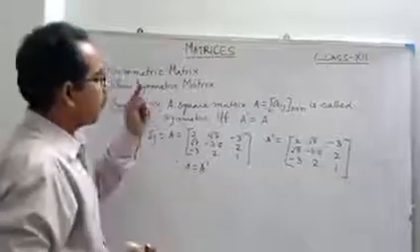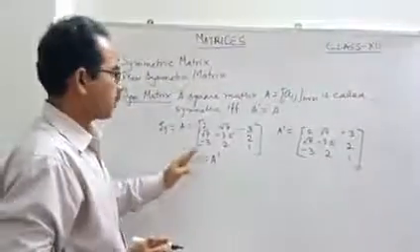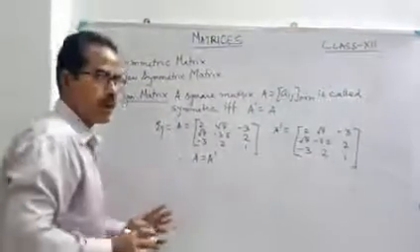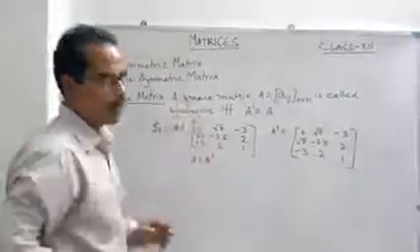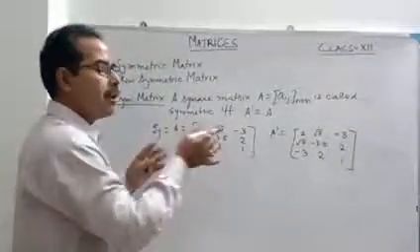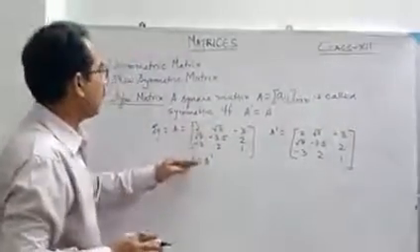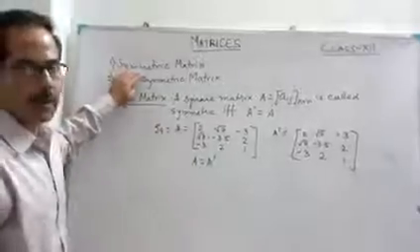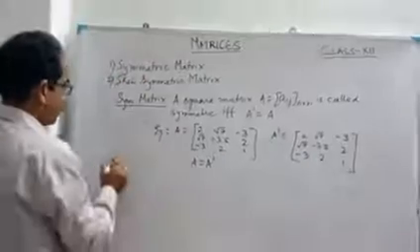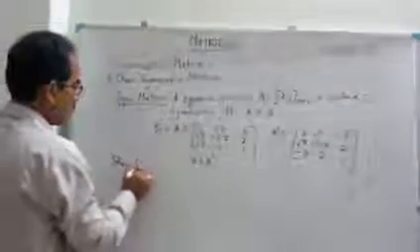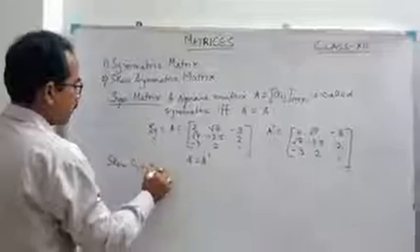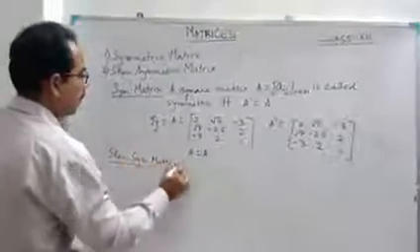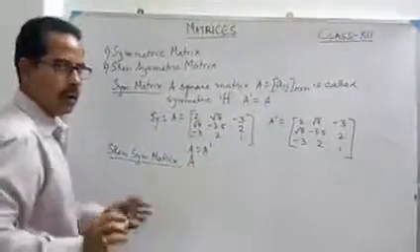That means whenever we get any 3 by 3 or 2 by 2 matrix, because obviously it is a square matrix, whose transpose is the matrix itself, it can be called a symmetric matrix. Now the skew symmetric matrix. This one is also a square matrix.